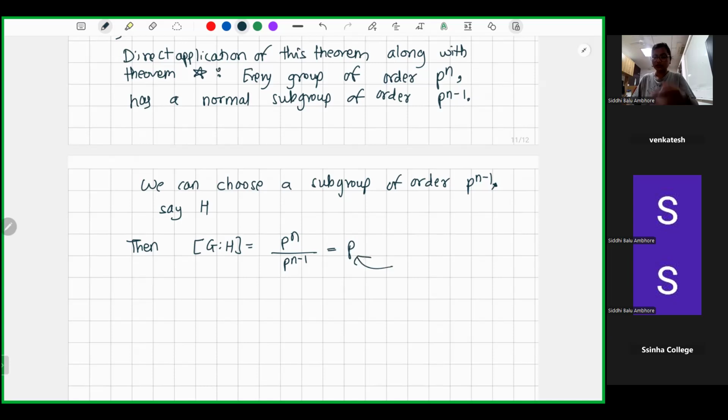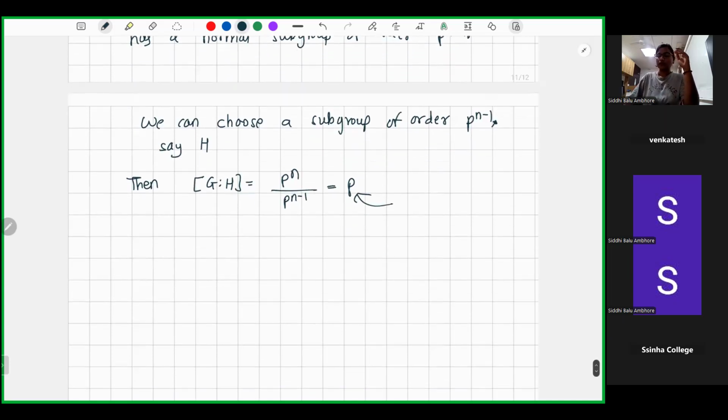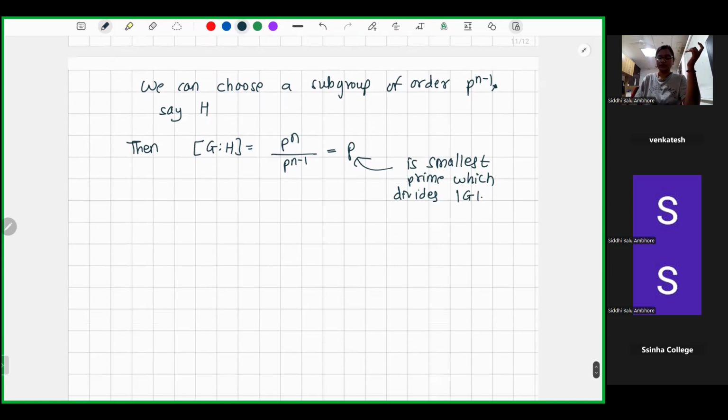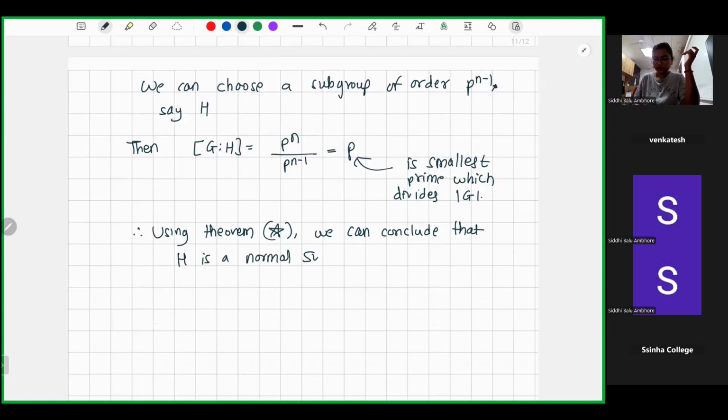And this p is the smallest prime which divides the order of G. And again, using theorem star, we can conclude that this H is a normal subgroup of order p power n minus 1.